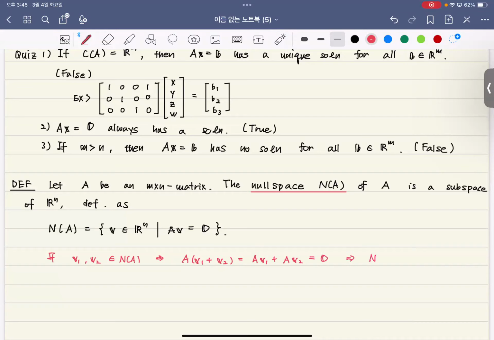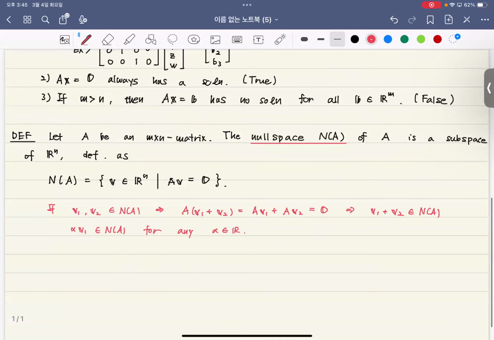Therefore v1 + v2 is a member of the null space, and alpha v1 is also a member of the null space. Okay, so this is a subspace. Not a big deal. Easy, right? Agreed?